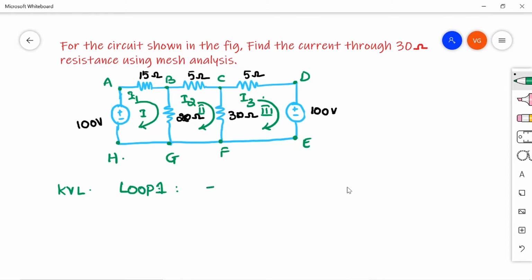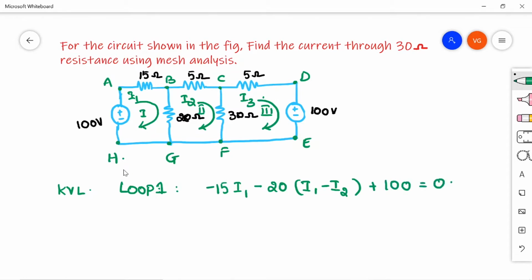So this is nothing but minus 15 I1. Again coming to BG branch, I have 2 currents flowing, that is I1 and oppositely it is I2. So that is minus 20 into I1 minus I2, then minus 2 plus 100 is equal to 0.